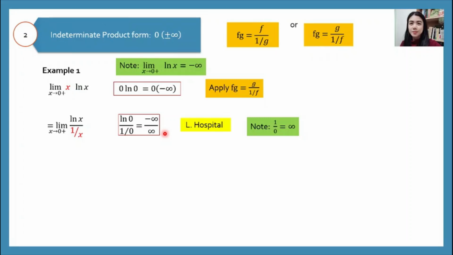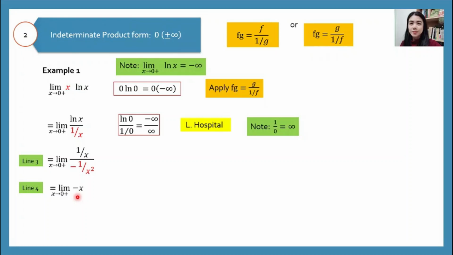So if you apply L'Hopital rule, you will have the third line. This is what I get from the L'Hopital rule. I differentiate whatever is at the top, and I differentiate whatever is at the bottom. And now let's see what happens if we simplify them. If you simplify them, you will have this. You have line number 4, you have negative x.